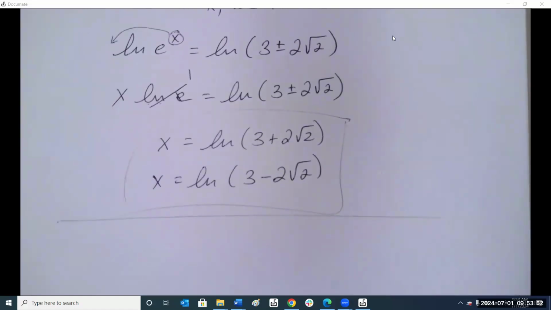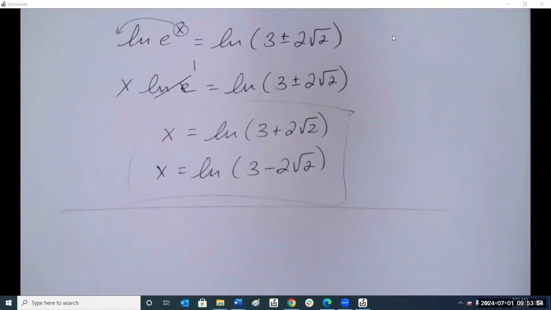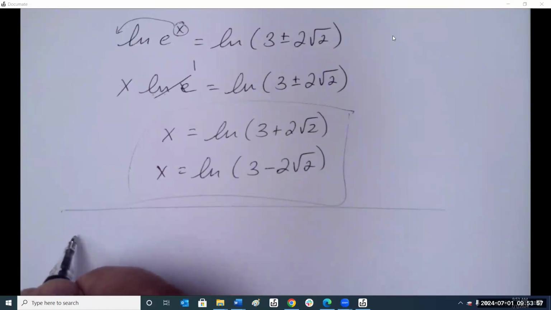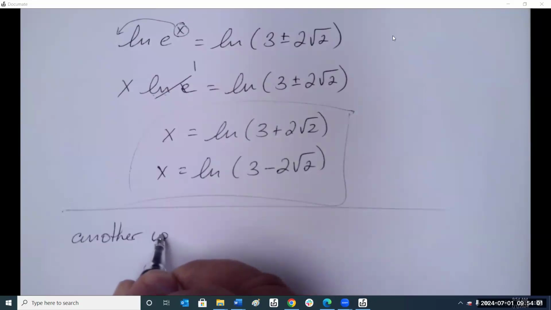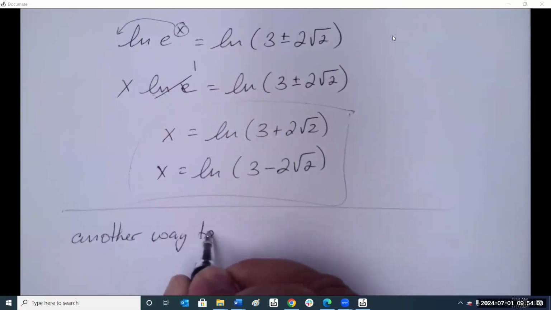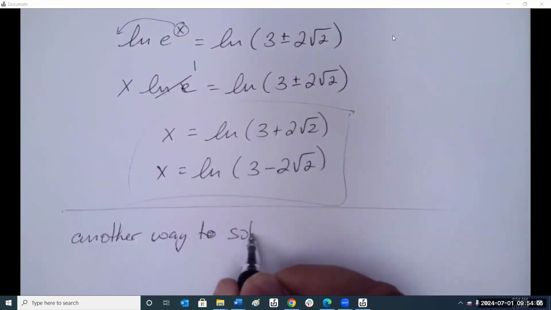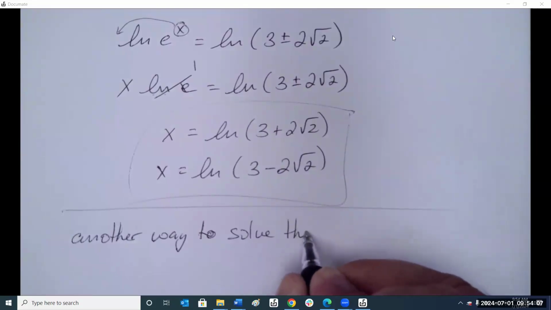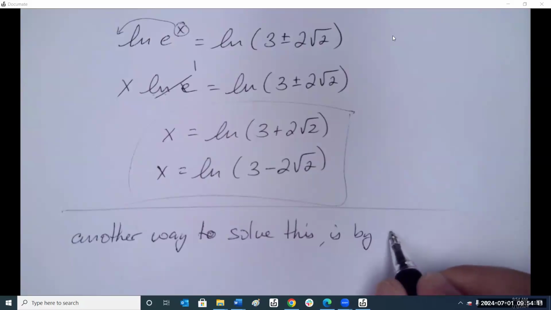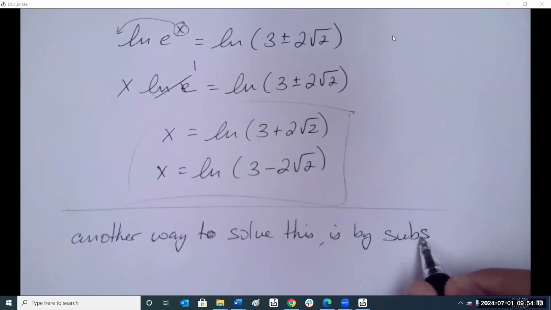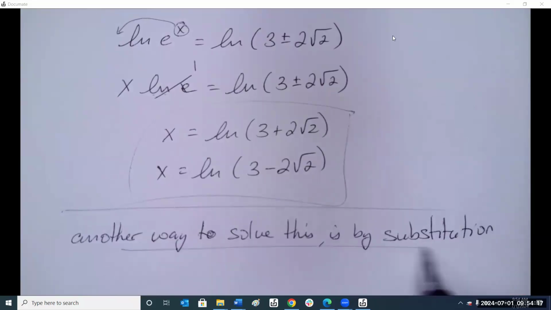Okay, to answer your question earlier, where we had to solve this is by substitution.